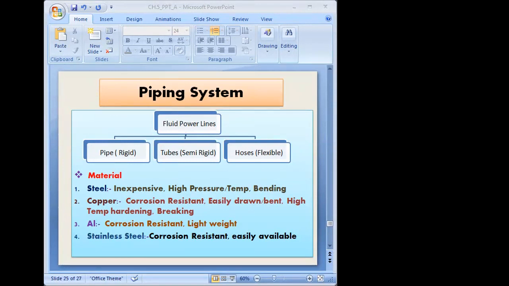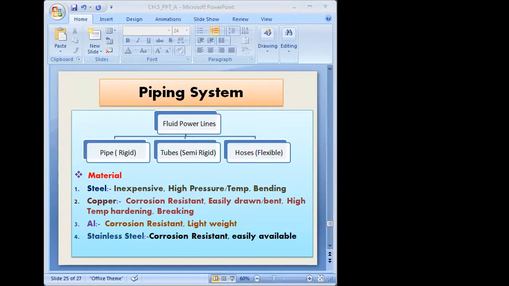Getting it? Because we know that we need to transfer the fluid between your reservoir, then power source, and then the point of application. That means your actuator. So what are the fluid lines? The fluid lines mean your piping system. These fluid lines are used to transfer the fluid from your reservoir to the point of application. So one should understand the piping system also.